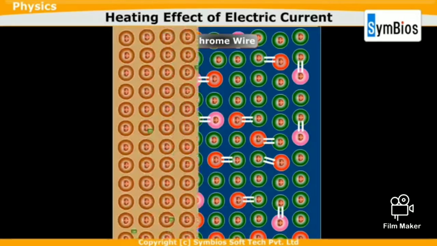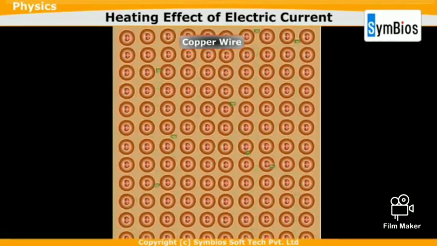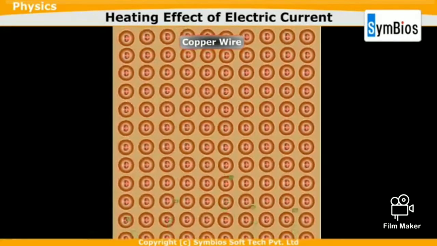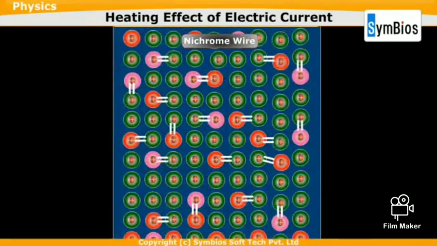So, when the current is passed, the electrons in copper flow easily and a few of them collide with the vibrating ions. In nichrome, the electrons cannot move ahead easily as they are resisted by the bonds. Most of these moving electrons collide with the vibrating positive ions.